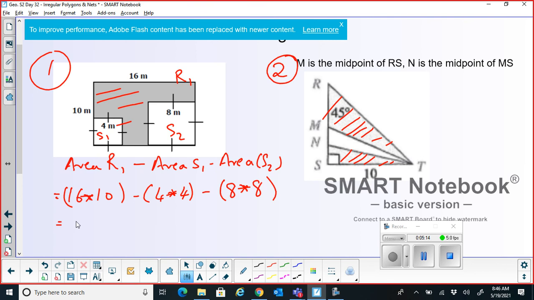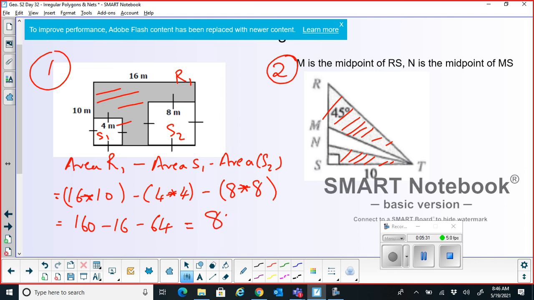So if I further simplify, this is 160 minus 4 times 4 is 16, minus 8 times 8 is 64. Okay, 64 plus 16 is 80. 160 minus 80 is 80.